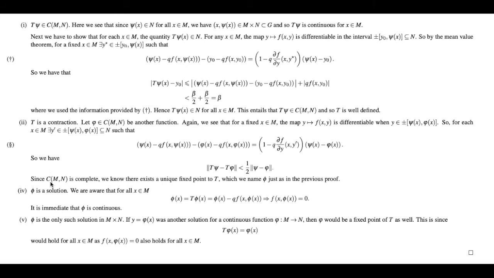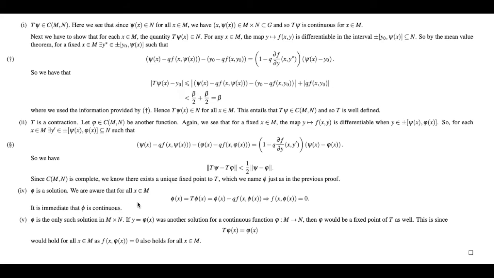We now first show that phi is a solution of our equation f of x, y equals 0. So we are aware that for all x in M, phi of x equals T phi of x, but we know by definition T phi of x equals phi of x minus q f of x comma phi of x, and by just inspecting the left and the right hand sides, we conclude that since q is non-zero, we must have that f of x comma phi of x equals 0.